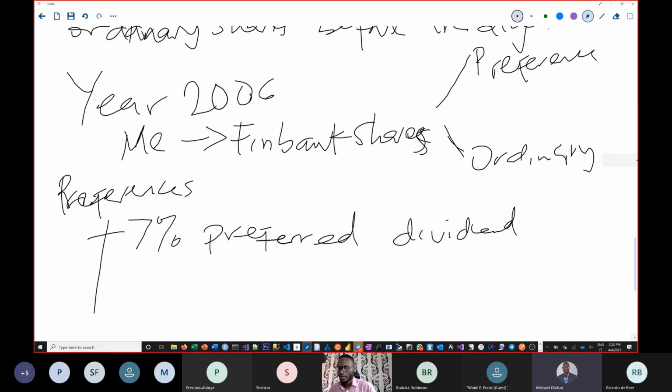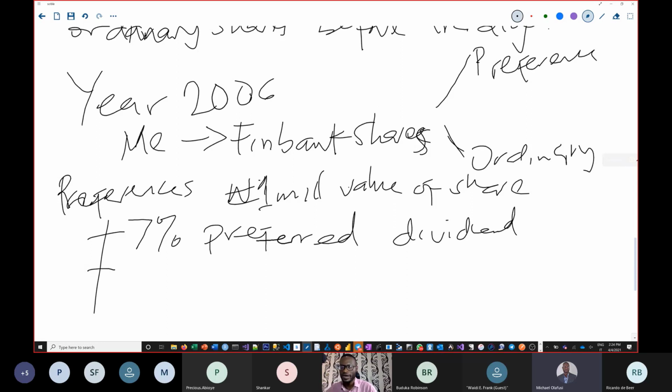What that means is if I buy 1 million naira worth of those shares, every year they're going to give me 7% of my 1 million naira. They are making that guarantee. Well, it is a soft guarantee, because I think there are some terms they also put about it.